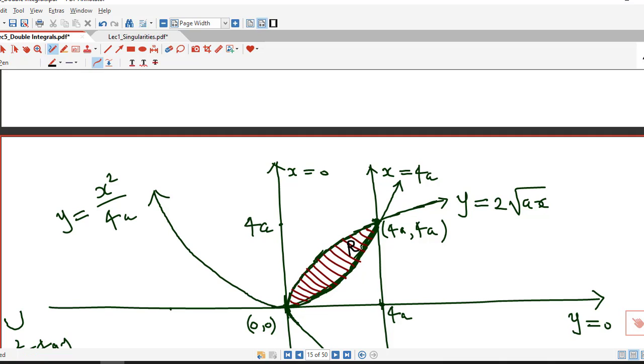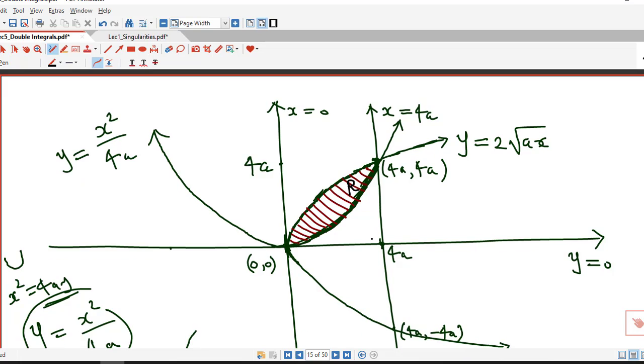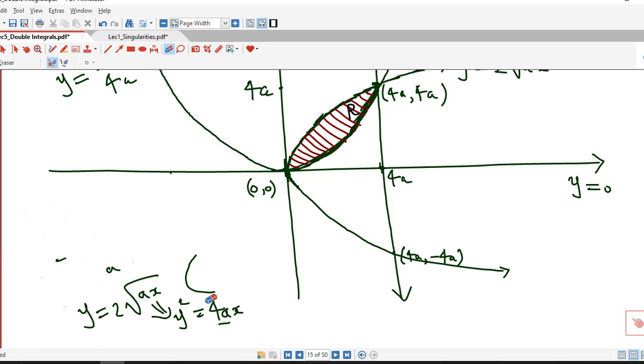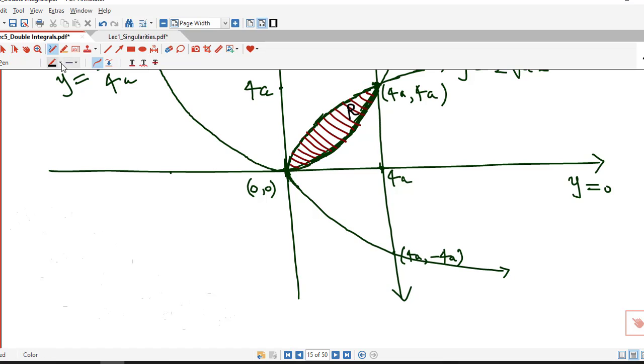So this is our region of integration, and in the given integral, the order of integration is first with respect to y and then with respect to x. That order is obtained by considering a vertical line. So to change the order of integration, we have to consider a horizontal line passing through the region of integration.